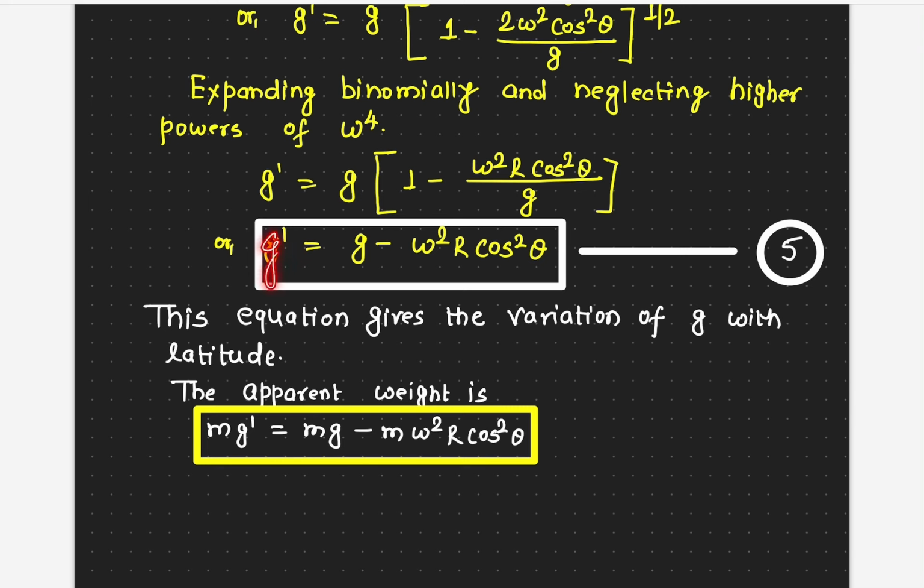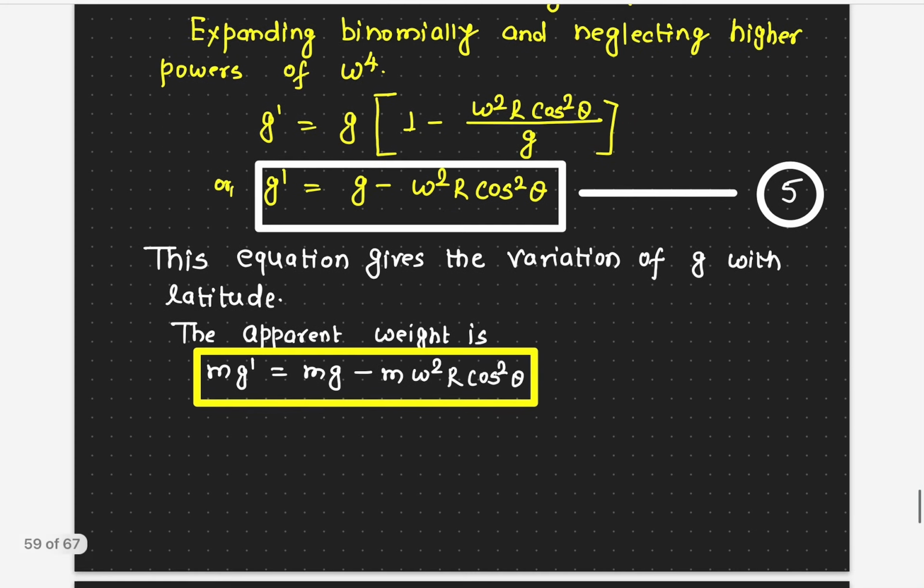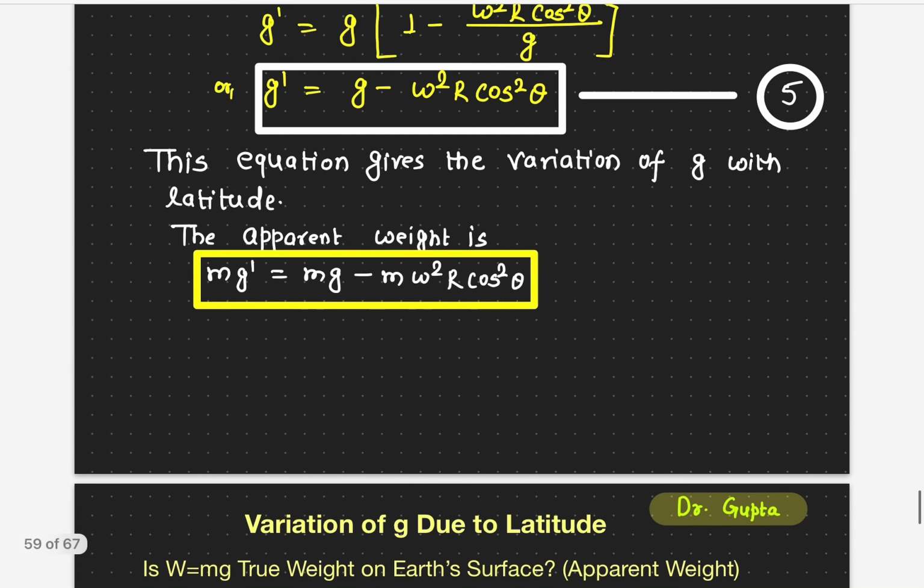In fact, this g prime combines the acceleration due to gravity plus the spinning of the Earth at the different latitude. Now once you know the acceleration, the apparent weight would be simply given by mg prime.